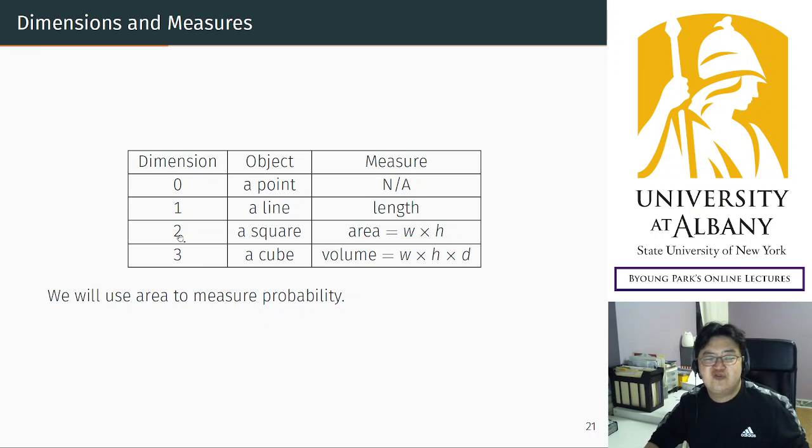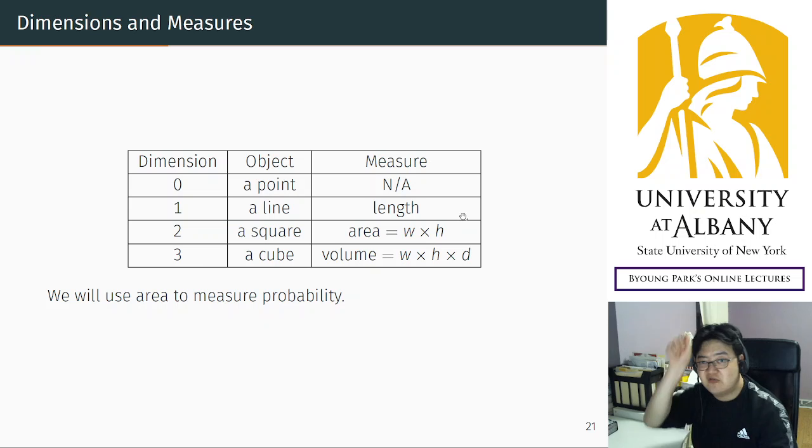And if you have 2 dimensions, then you have a plane, and on a plane you can make a square, and the measure of a square is its area. How big a square is, is measured by its area, which is calculated as the multiplication of width and height, right?